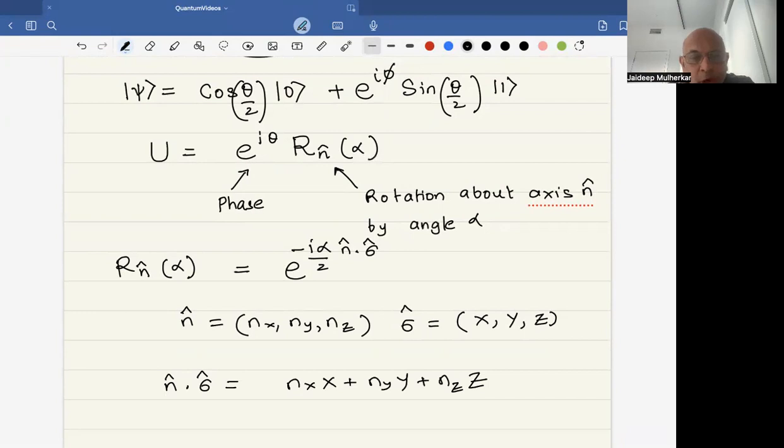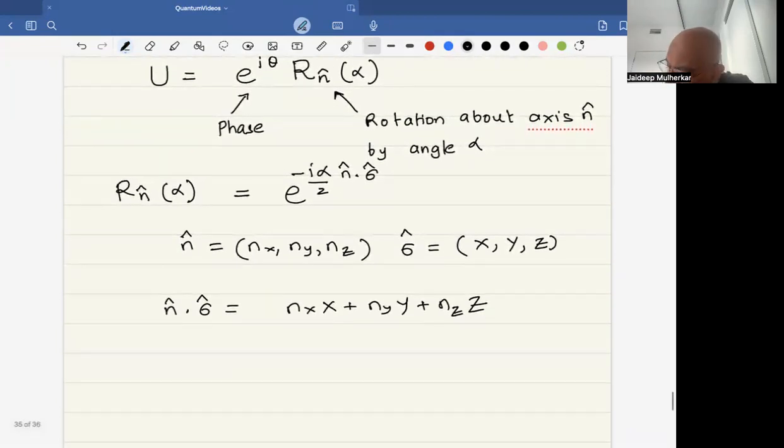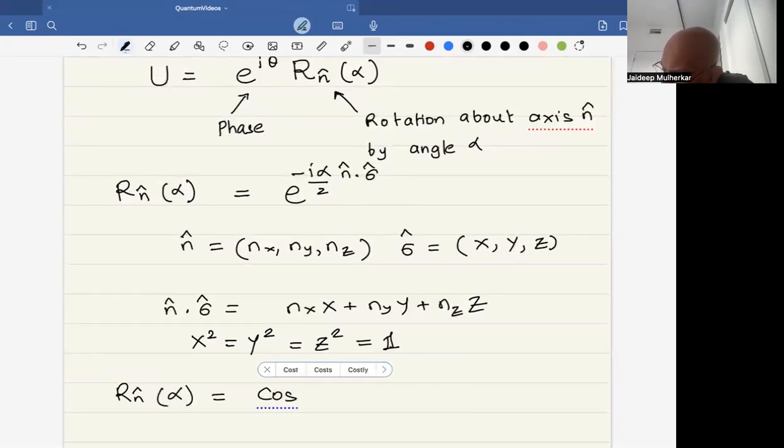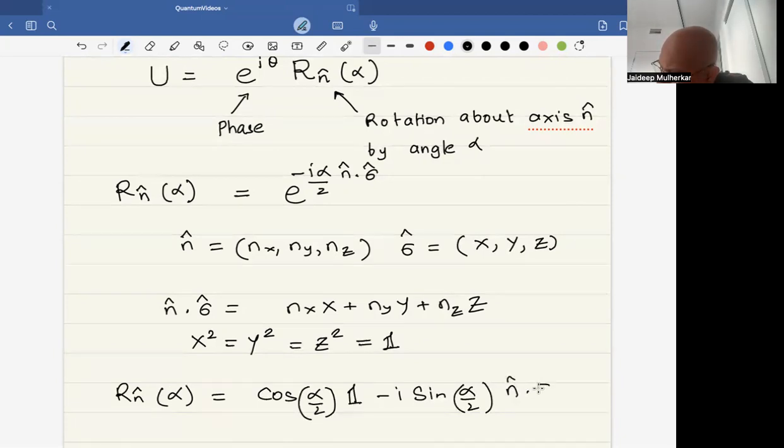And because our Pauli matrices, if I square them, X squared is equal to Y squared is equal to Z squared is equal to the identity, I can write Rn hat of alpha as cos alpha over 2 identity minus i sine alpha over 2 times n hat dot sigma hat.